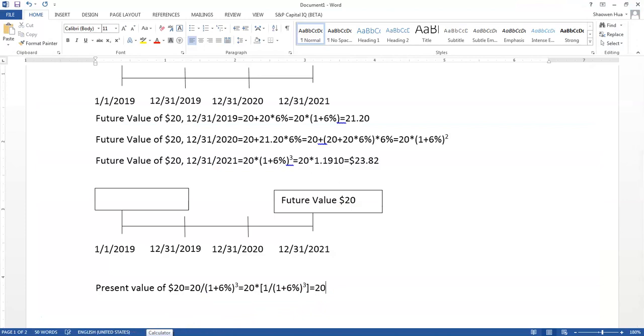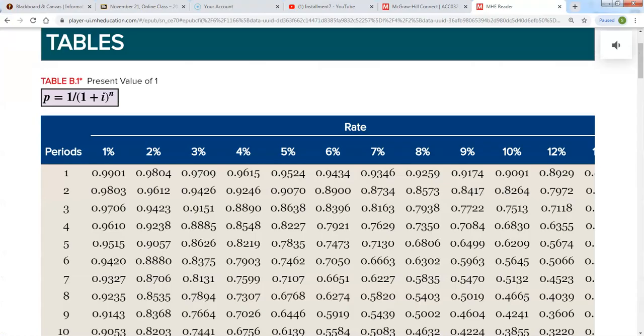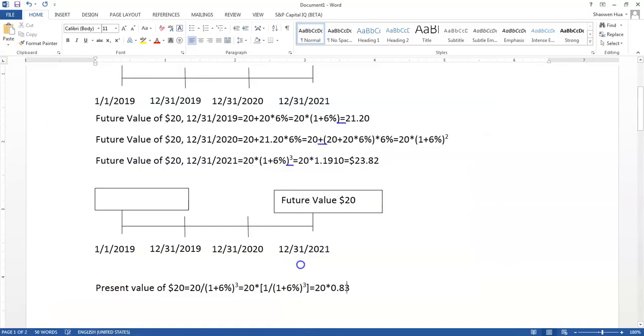So we will use $20 multiplied by 0.8396.